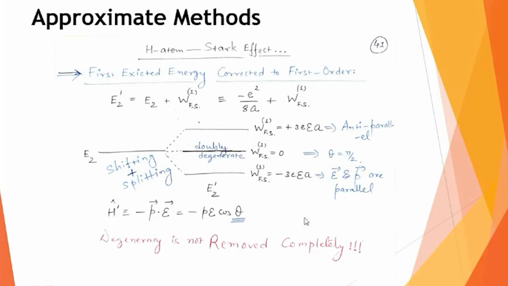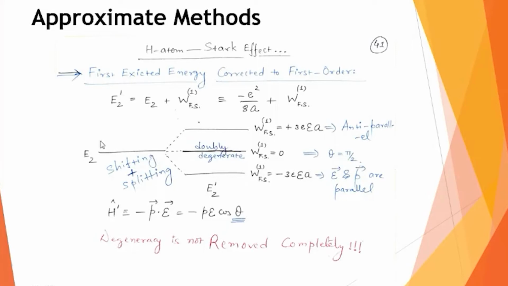Whereas if I add a minus value, that is minus 3eEa, then it will be further lower. Instead of E2, you can see E2 dash is now lower. So what happens, this E2, which was made up of the four states, has a contribution from U200, from U210, from U211, and from U21 minus 1.